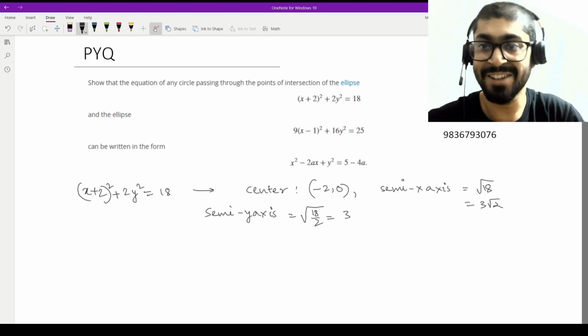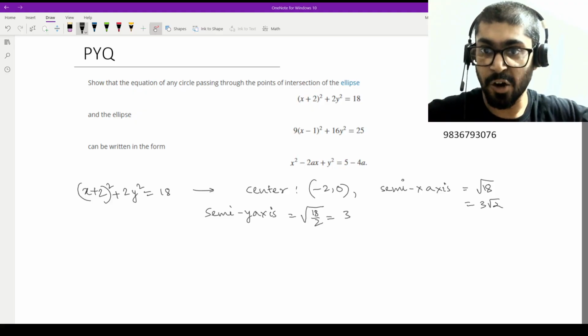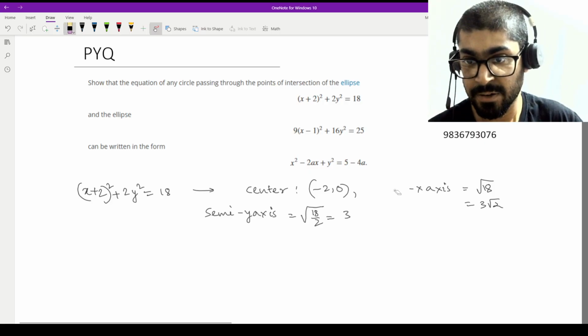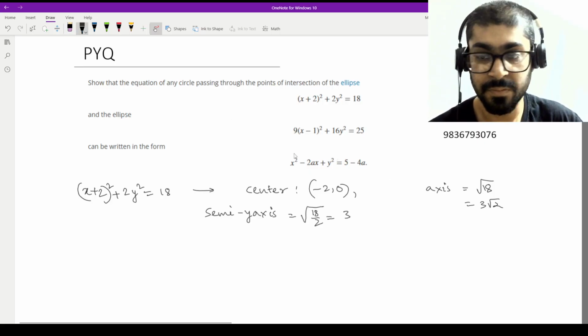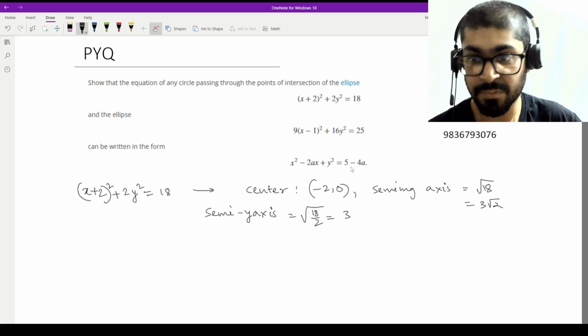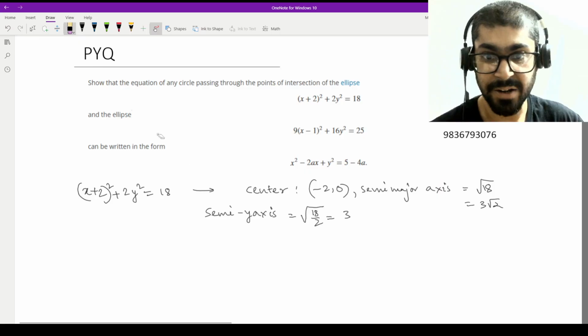Now we can actually understand whether this is a major axis or minor axis. The major axis is the longer one, so this will be the major axis. Now I can classify it: semi major. I'll need a bit more space. And this is the semi minor axis.